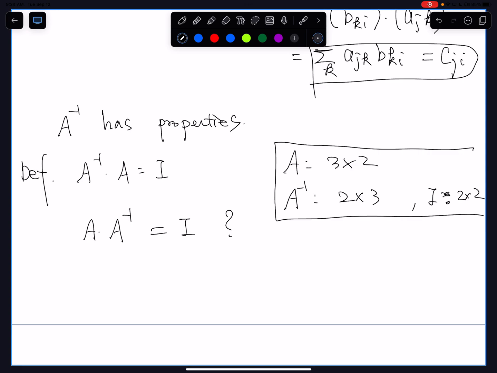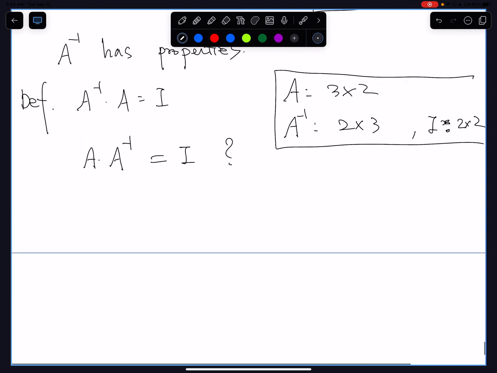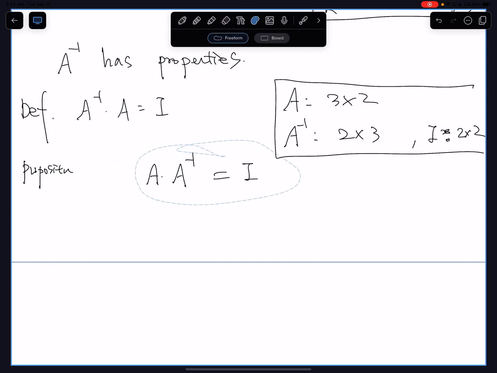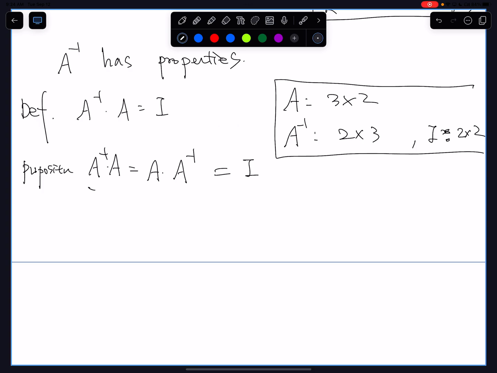But in matrix algebra, the order matters. So maybe they're not the same. But the short answer is they're the same. Okay. So this is a proposition that they're all the same. So of course we need to prove it.